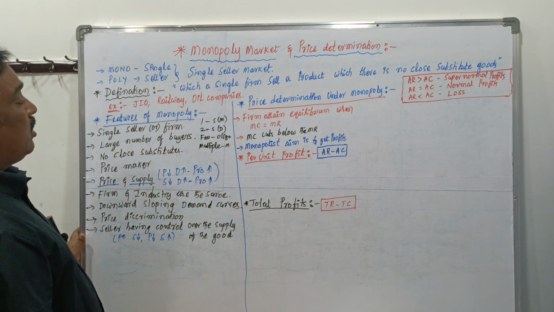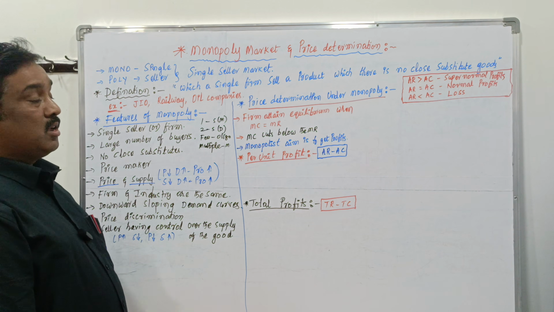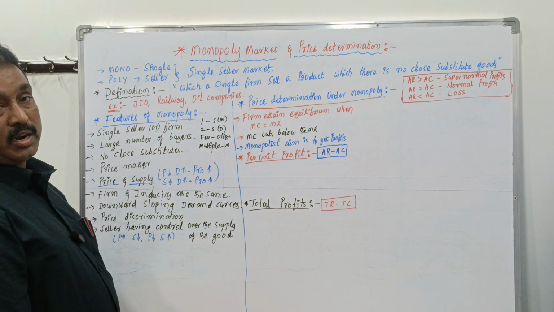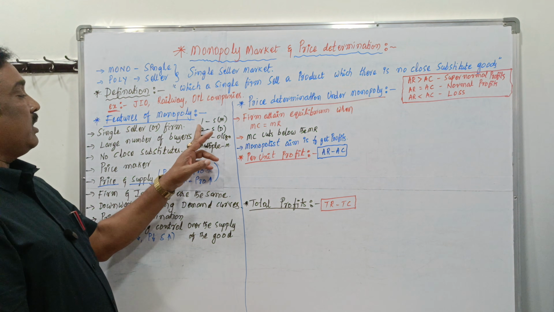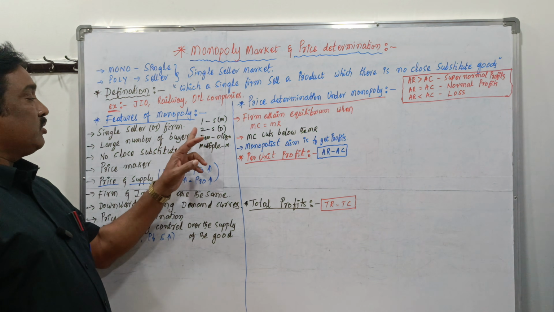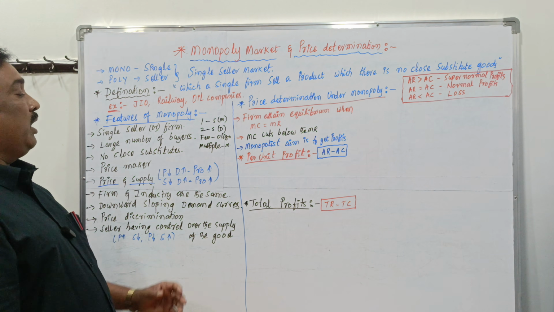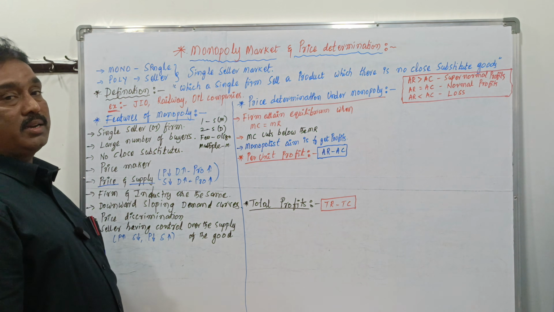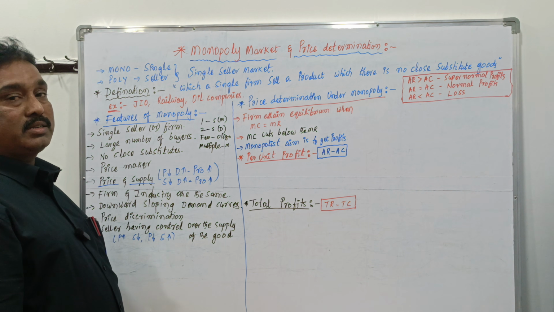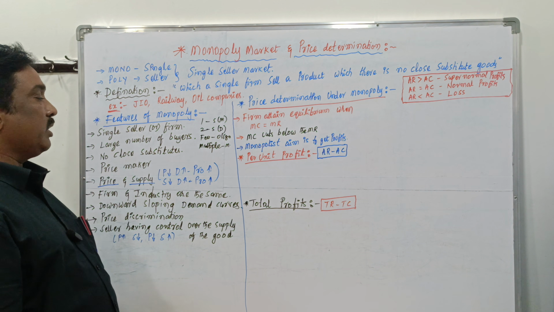So according to the sellers in the imperfect competition market, we divide it into four markets. If there is one seller, that is called a monopoly market. If there are two sellers, that market is called a duopoly market. If there are a few, meaning limited, sellers in the market, that market is called an oligopoly market.